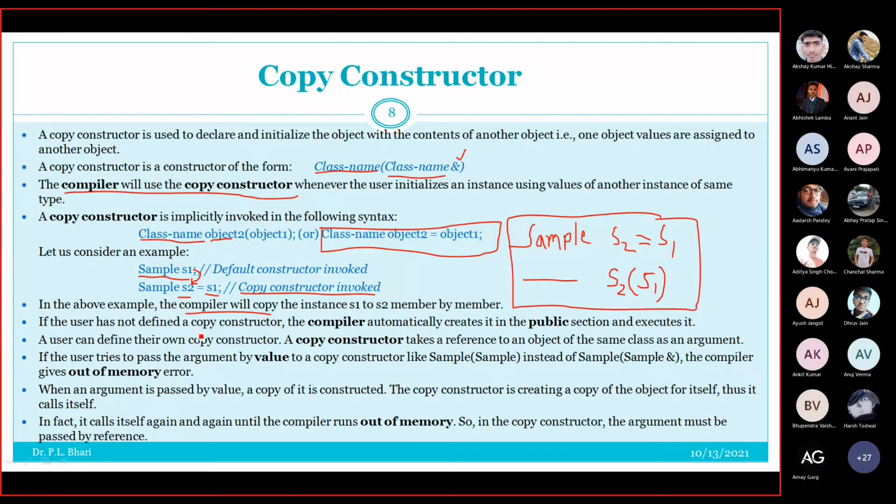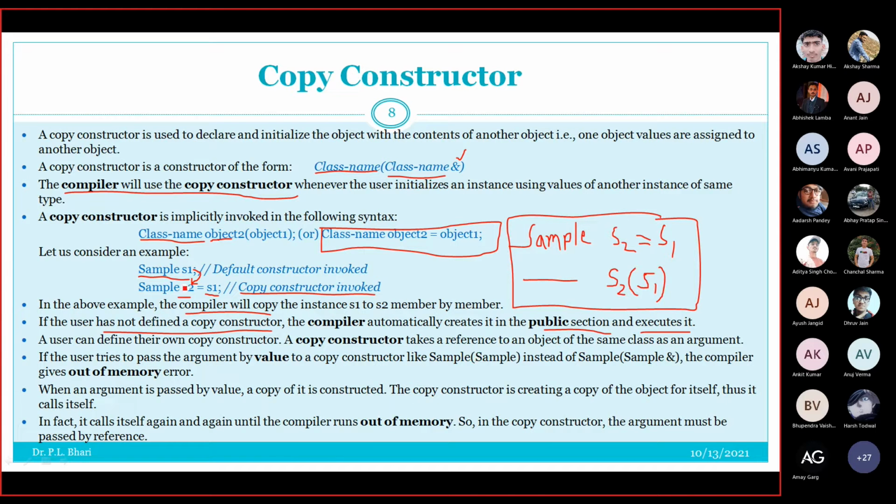And what is the next point? If the user has not defined a copy constructor, as I told you, it is not compulsory to define one. The compiler automatically creates it in the public section and executes it. So it will be the responsibility of the compiler.